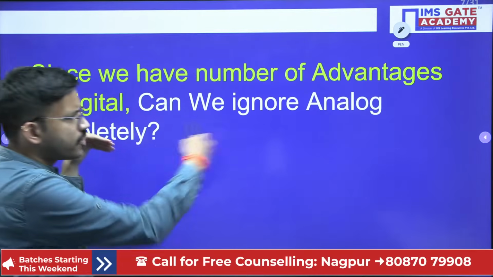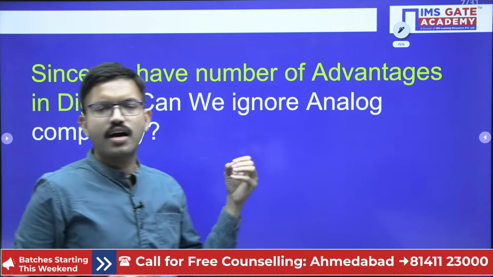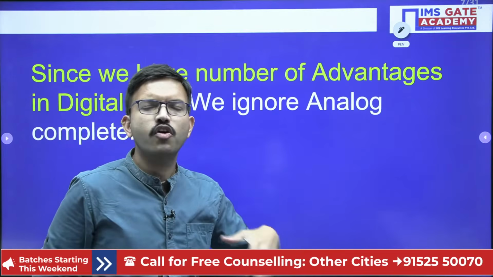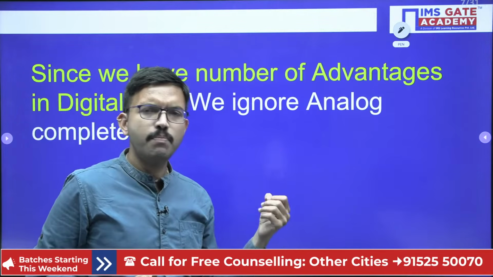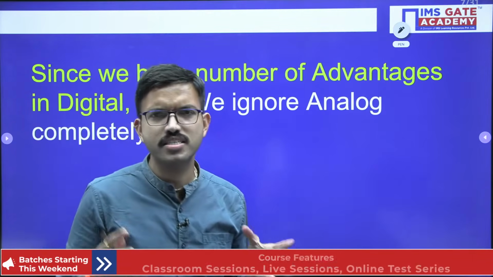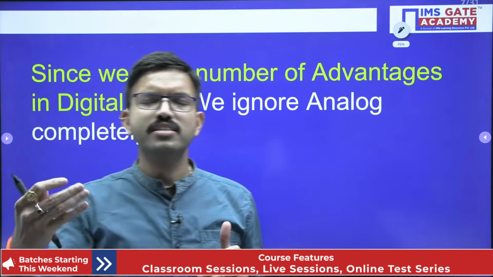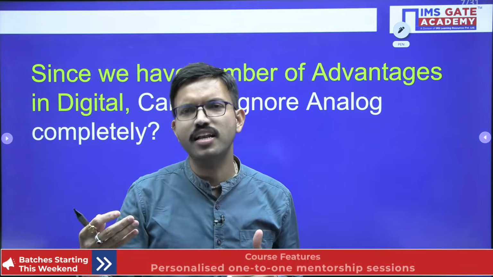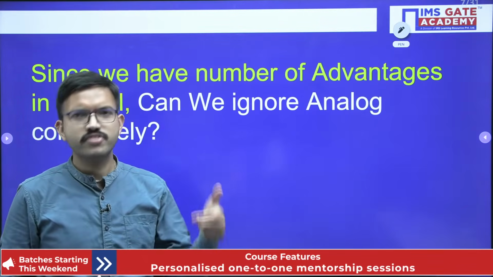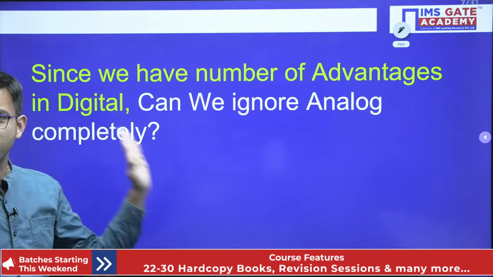But in the course of time, because there are so many drawbacks, difficulties and complexities in analog signals, to overcome them we use digital, since we can do things easily and there are many advantages in digital. That's why we convert analog into digital and then transmit, and at the receiver you receive the digital signal and convert it into analog, and from that analog you can extract physical information based on the requirement, right? So that means we cannot ignore analog, right?